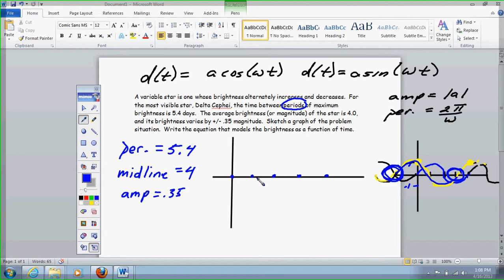Also, this line here that I drew is going to be my midline. So this is going to be 4.0 on the y-axis. My origin is down here somewhere. And I probably should have drawn my midline with a dotted line. Let me just do this really quick.